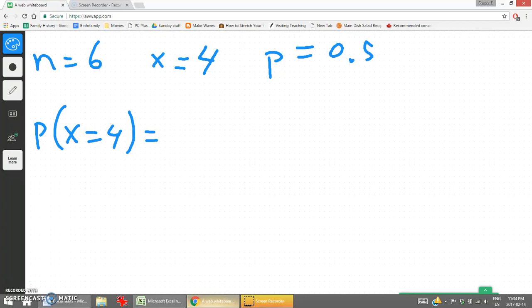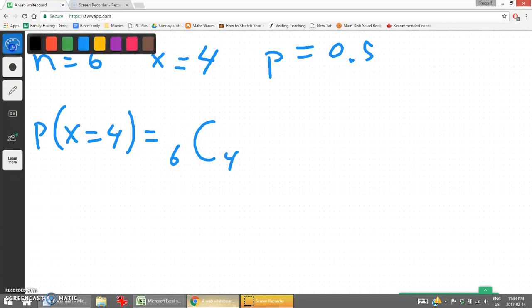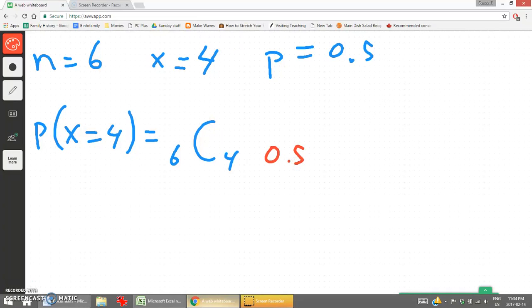The first part is nCx, so we have 6C4. Then I'm going to change colors here. We're going to go with this orange color. We have p, which is 0.5, to the power x. Changing colors again, and then we have 1 minus 0.5, in brackets, to the power, in brackets, 6 minus 4, n minus x.